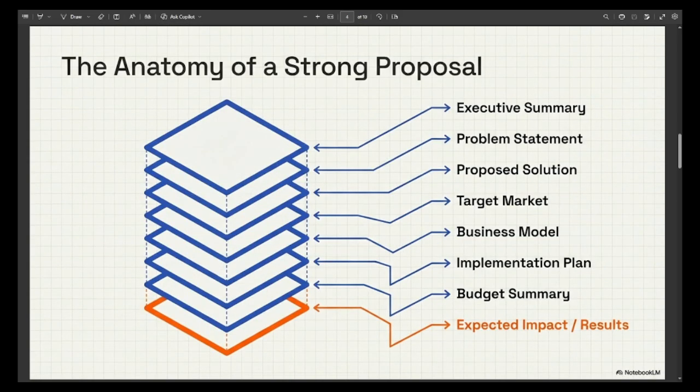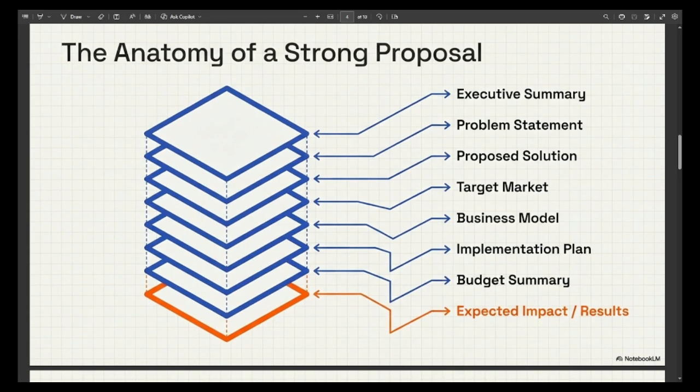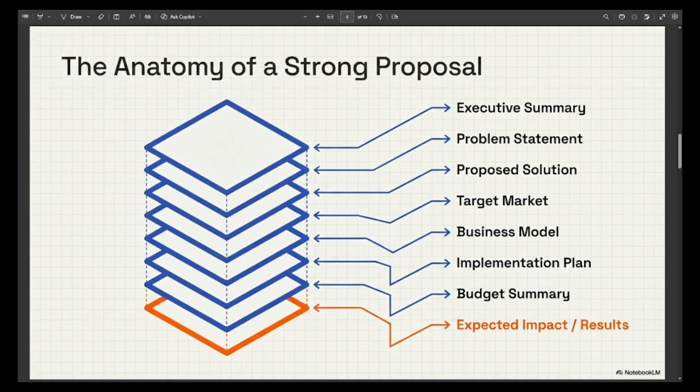Now, the first one is executive summary, then problem statements, then we have the proposed solution. Your business should be a solution, of course. Then target market. Who are your audience? Who are your end users? Who are the people that you aim towards providing solutions to? Followed by business model. What is the model of your business?